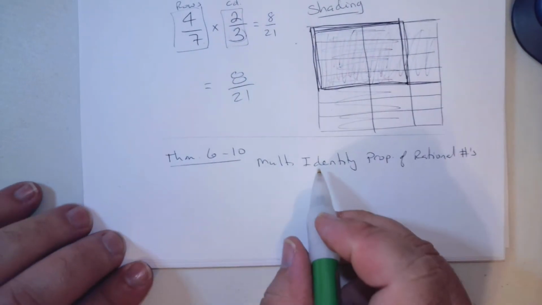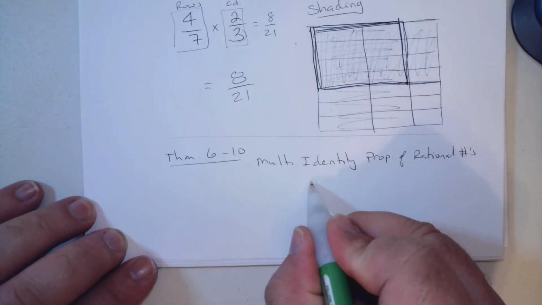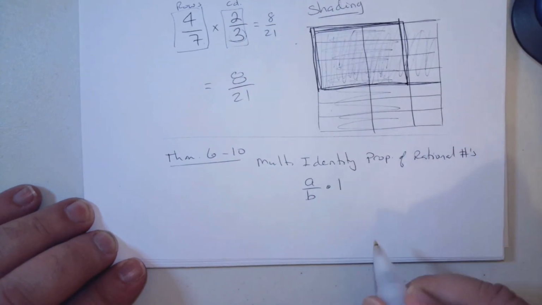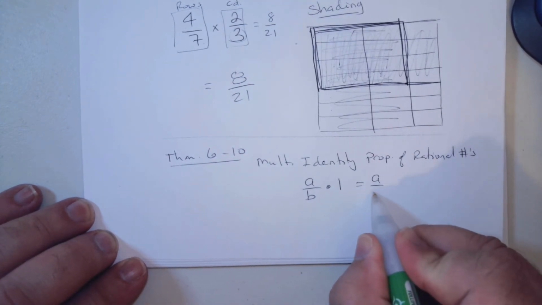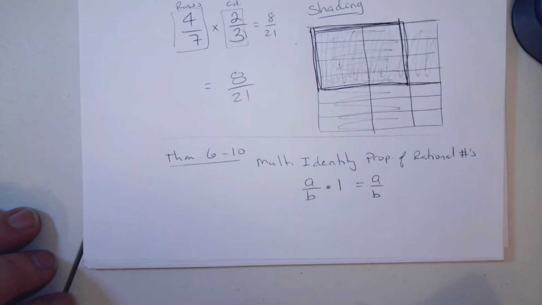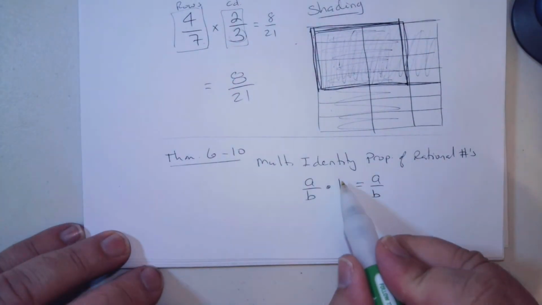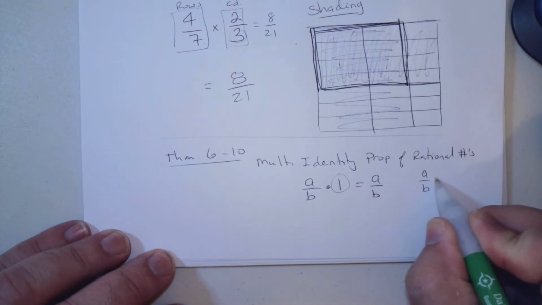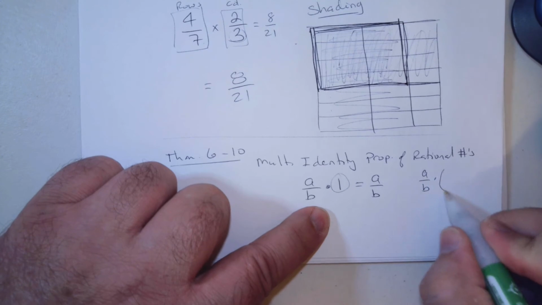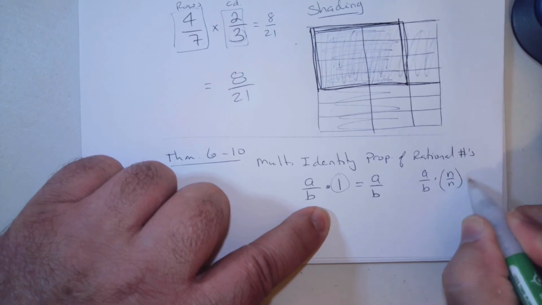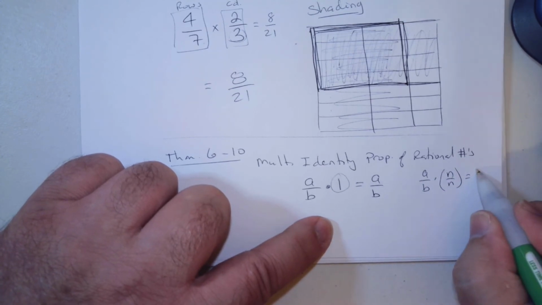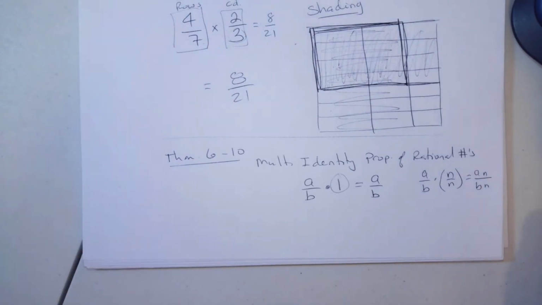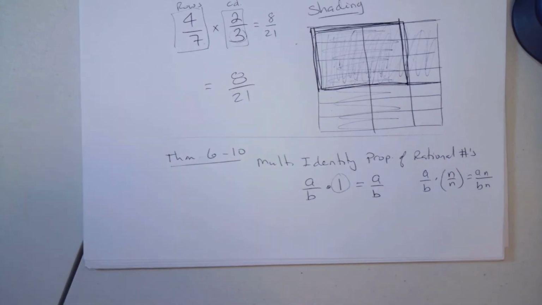So we have a fraction, a over b, and you multiply it by 1, then you get a over b. This is the important part. Remember, a over b times 1. 1 is anything over itself. It looks different, but it's the same ratio.